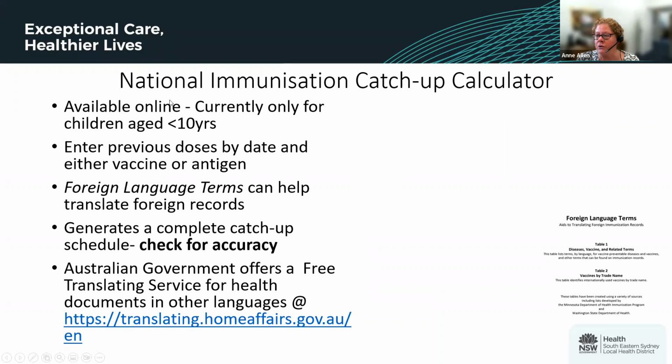Okay, so one way to do a catch-up is the National Immunisation Catch-up Calculator. It's available online and it's currently only for children less than 10 years. You enter previous doses by date and either vaccine or antigen. The foreign language terms, which I've got open here, I'll just show you this.